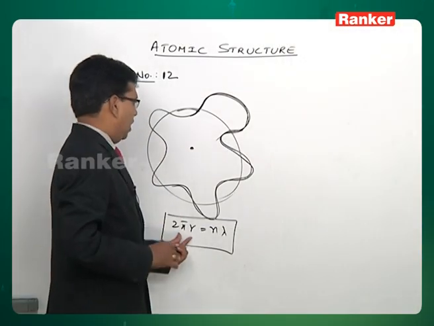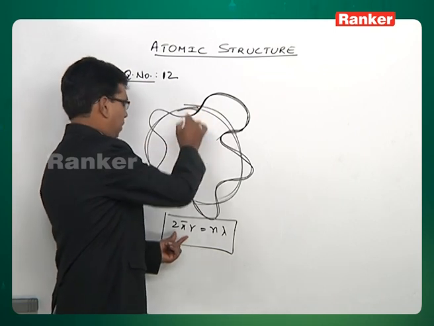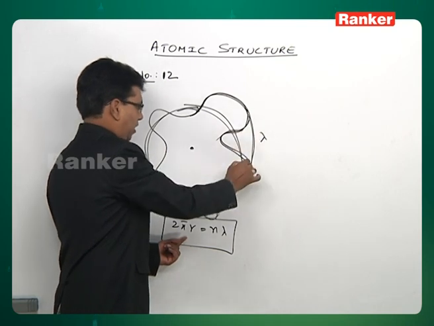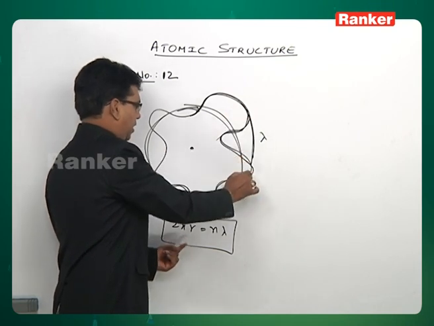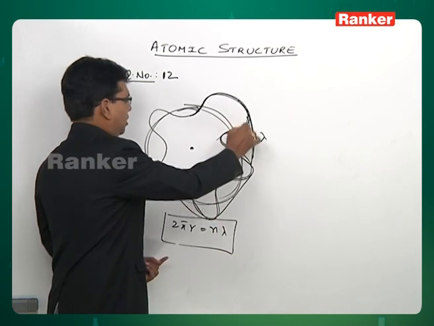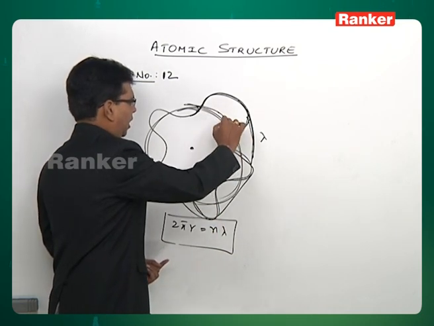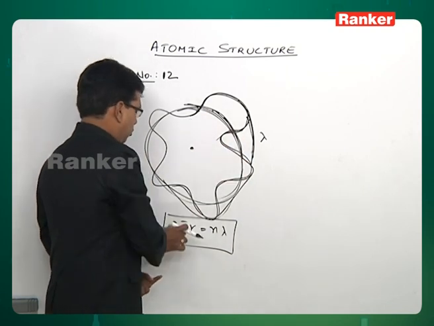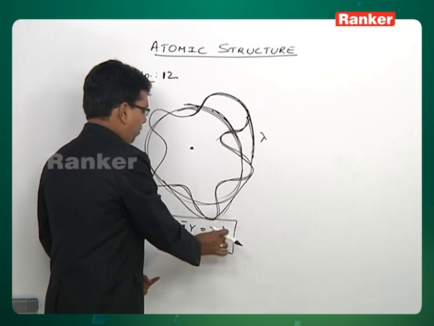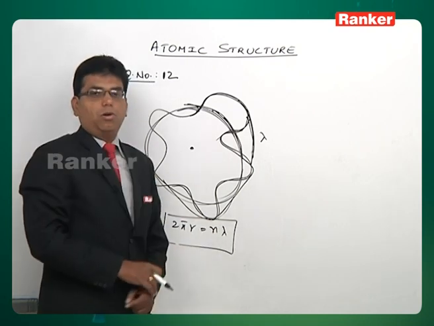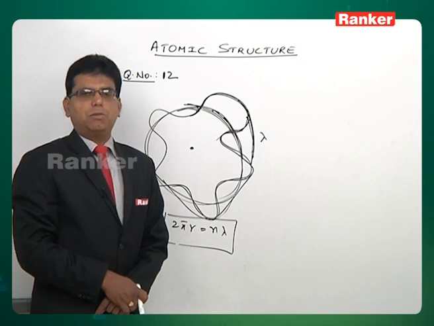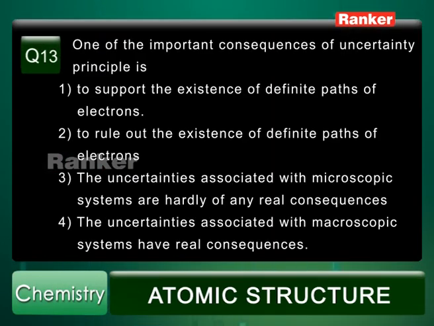So 2 pi r, that is the circumference, must be equal to, if this wavelength is lambda, and you have n number of waves, so circumference is equal to number of waves into wavelength. So 2 pi r is equal to n lambda. So the correct answer is option 1. Now let's move on to question number 13.